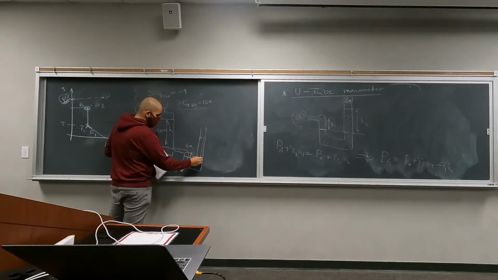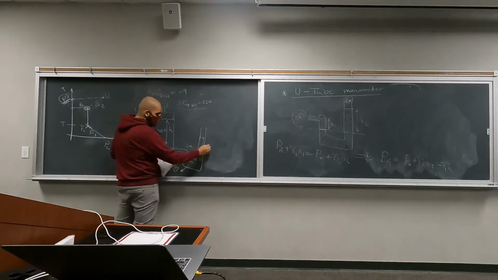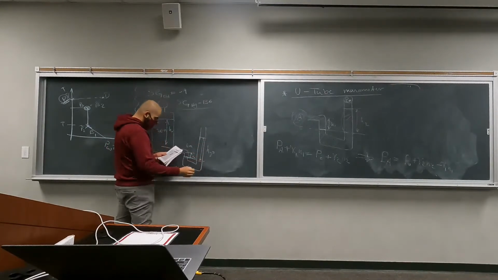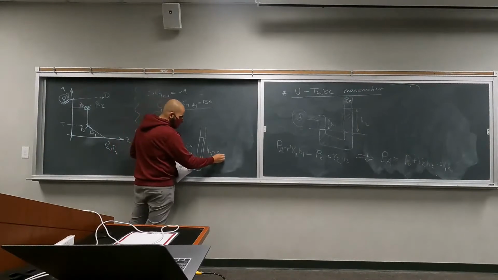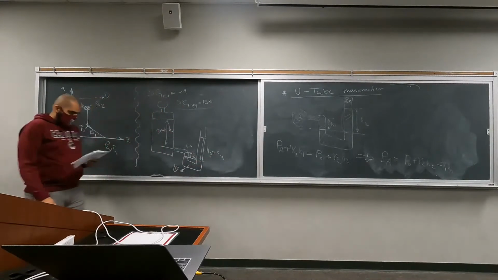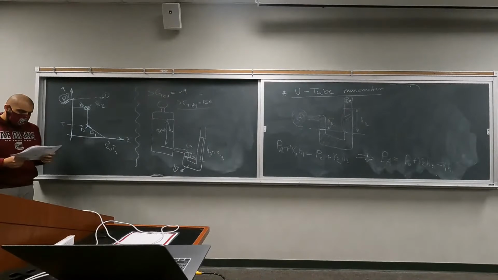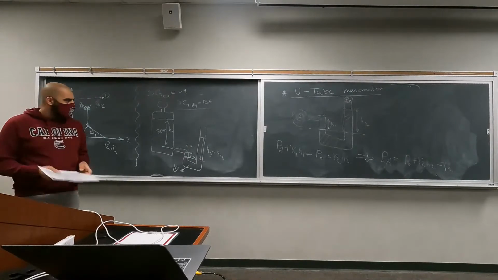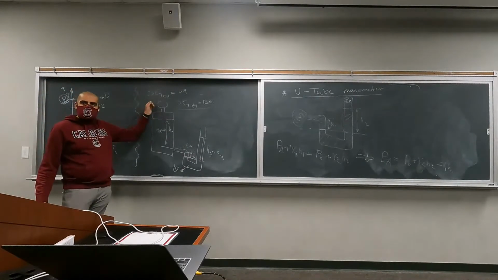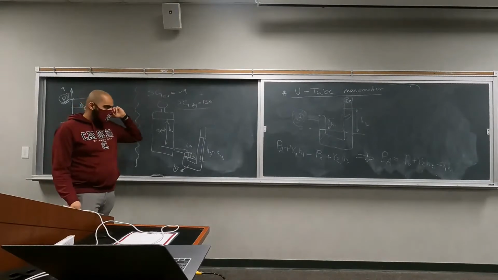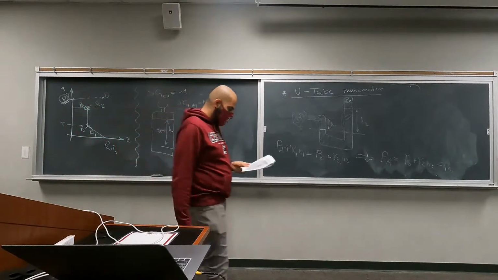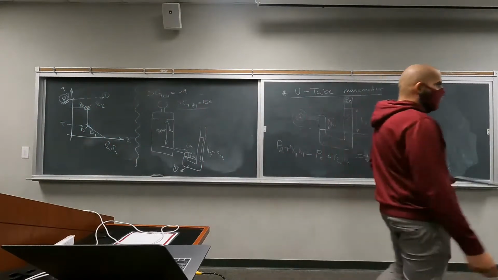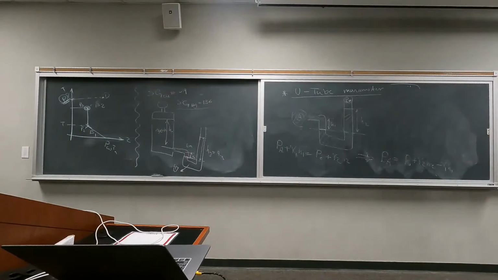And H3, which is this distance, is 9 inches. We want to find the pressure reading of this gauge, which essentially means that we want to find the gauge pressure of air.